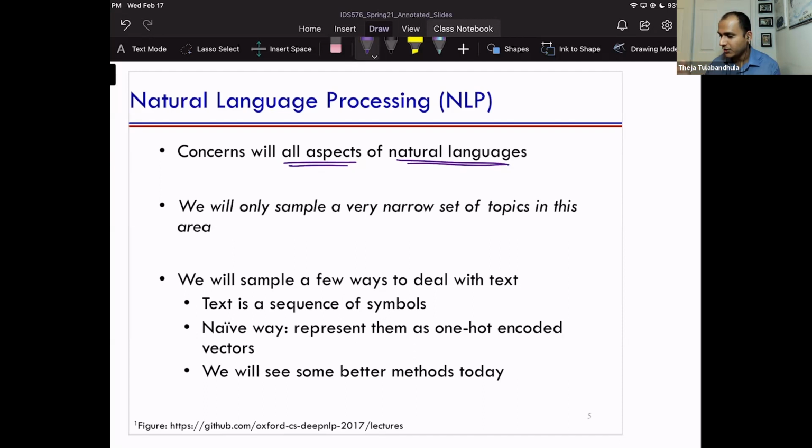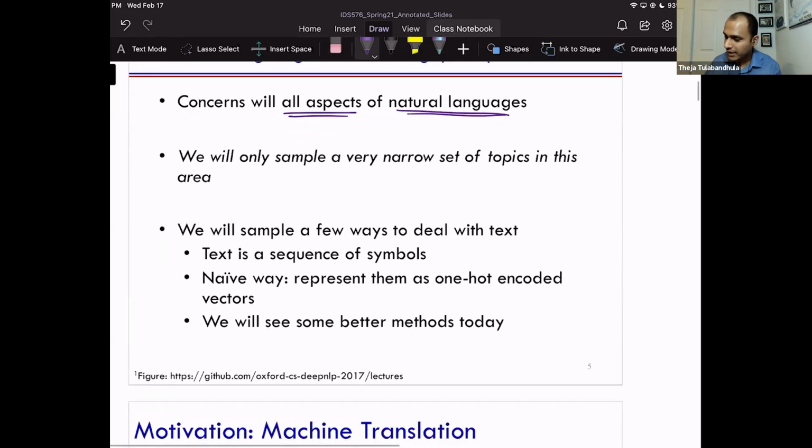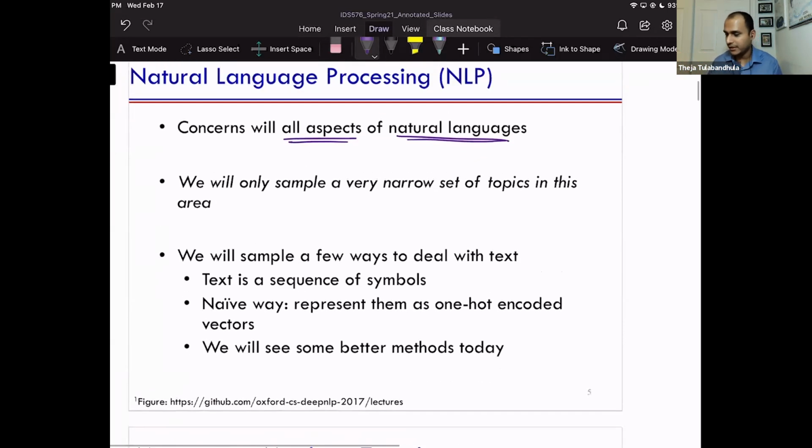So it concerns many different areas pertaining to human languages, and we'll only be looking at a very small set of topics here. One point we can notice, even without knowing anything about NLP, is that text is basically a sequence of symbols, at the character level or at the word level, right?